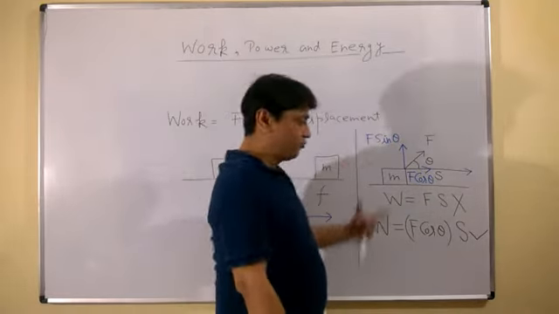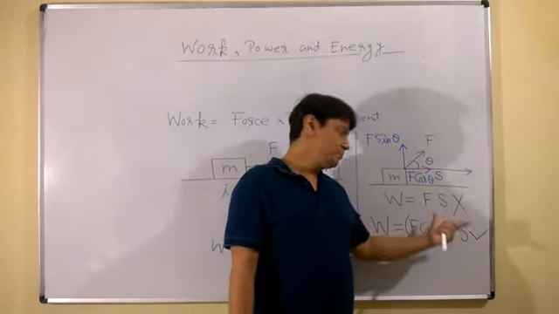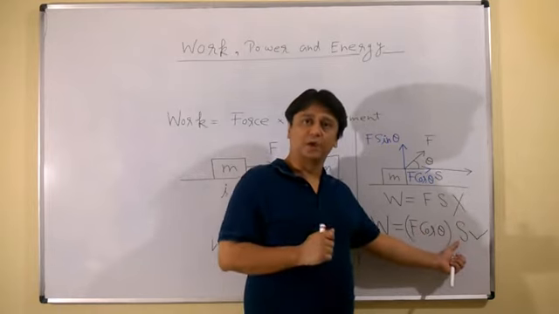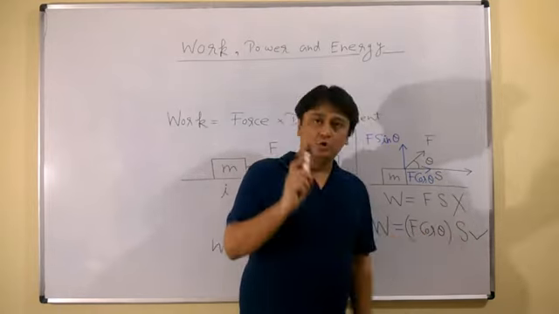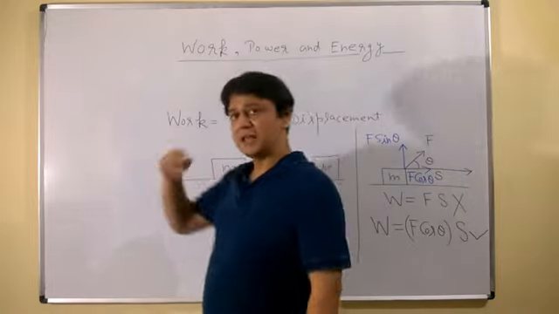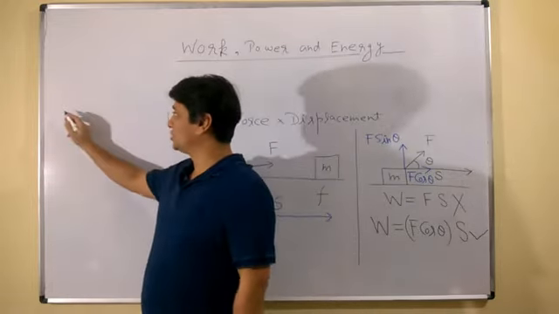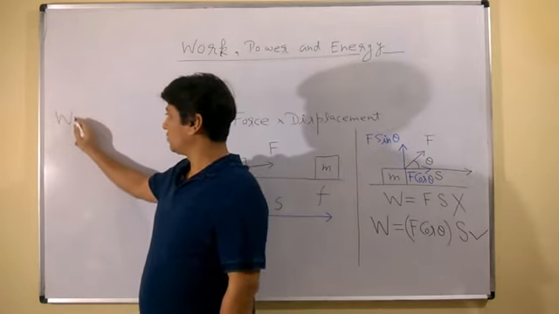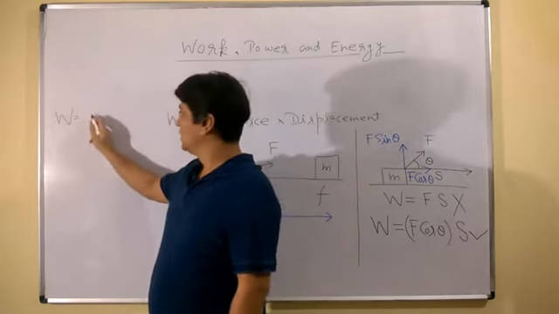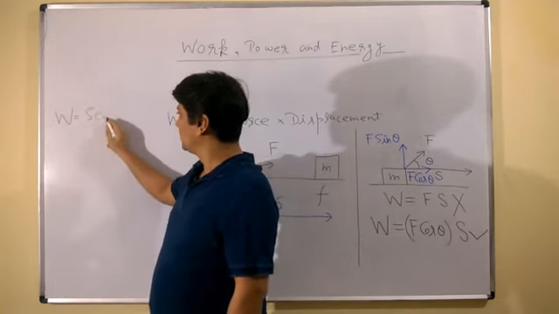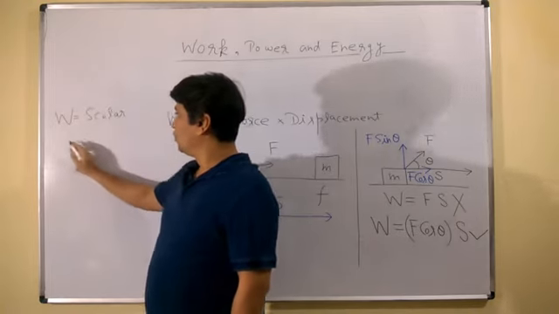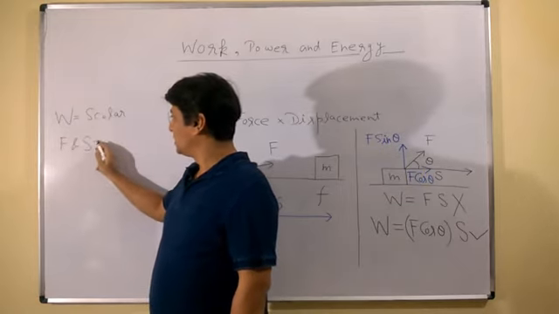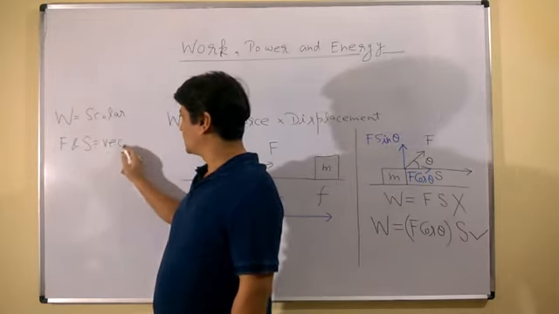Now, as in physics you developed F cos theta into S, then there was a maths person who noticed something. He noticed that W, work, is a scalar quantity. Force and displacement, they both are vectors.